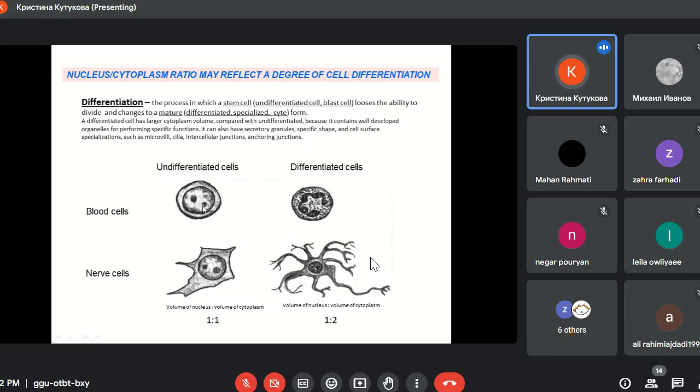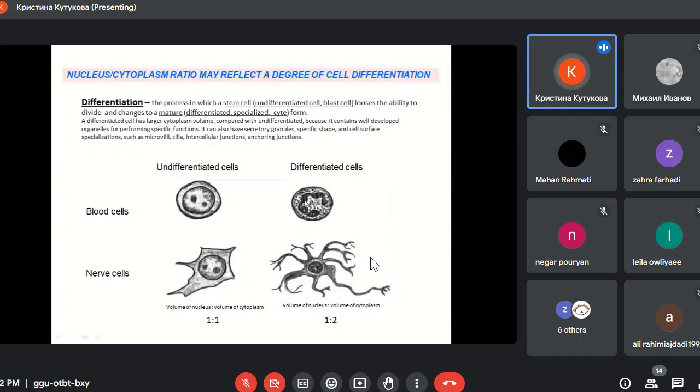And then when this undifferentiated cell starts to differentiate, the ratio between the volume of nucleus and volume of cytoplasm decreases. It means that volume of cytoplasm increases. The volume of nucleus can decrease, but not always.